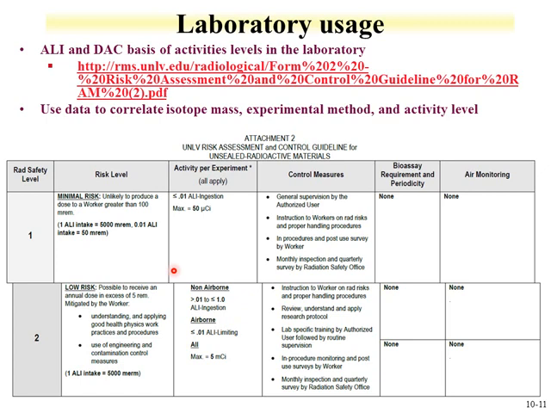If the activity for the isotopes one is working with approaches 1 ALI, or an airborne ALI of 0.1, then the rad safety level is 2. This means that the researcher needs a little bit more skill, a little bit more supervision in working with activity.